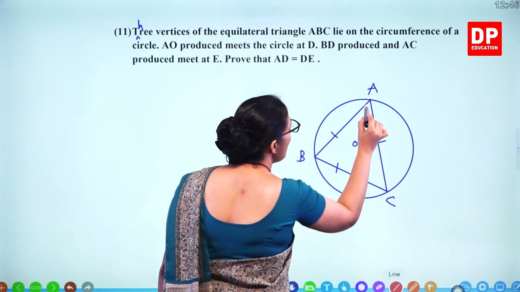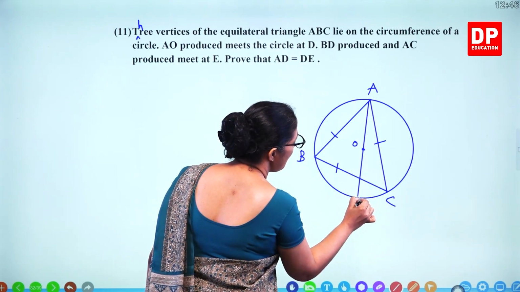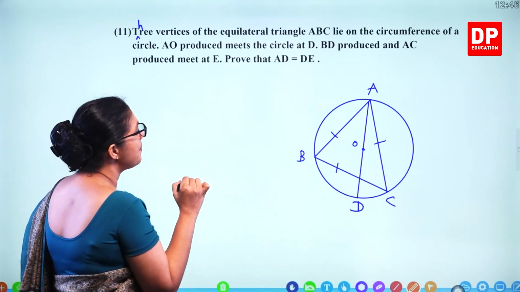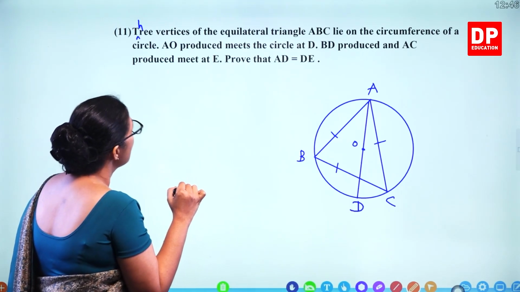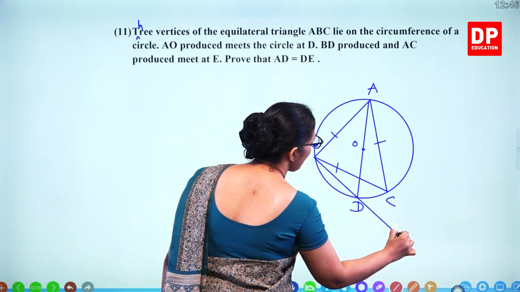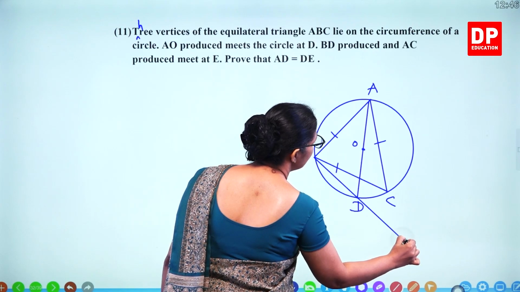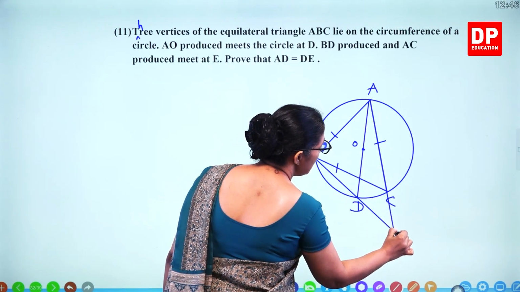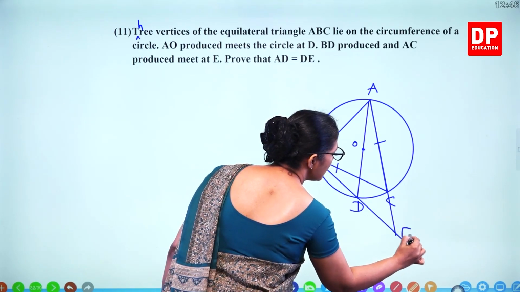When AO produced, meet the circle at D, and then BD produced and AC produced meet at E, it's E point here.